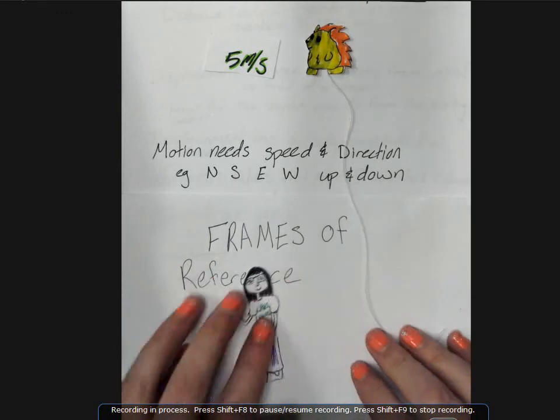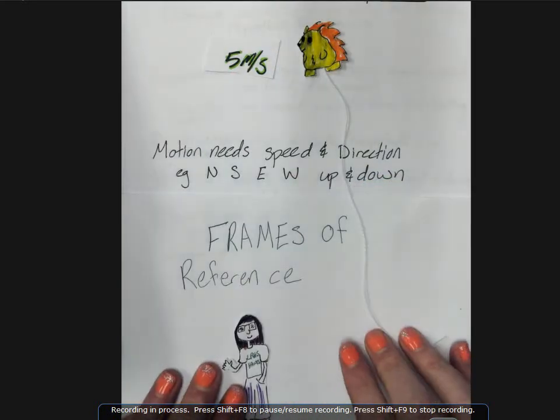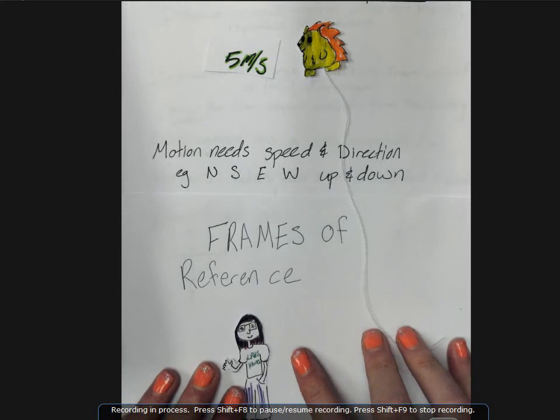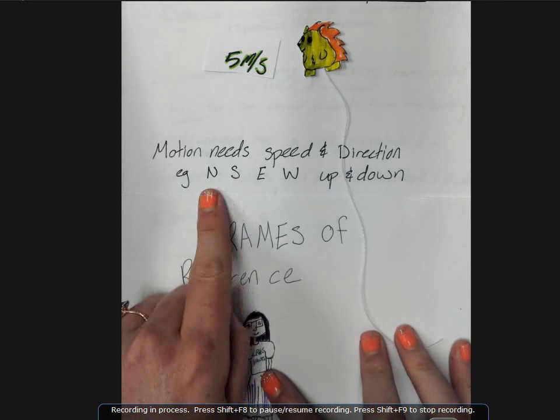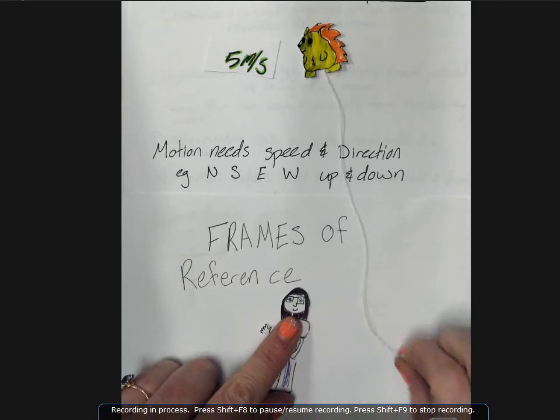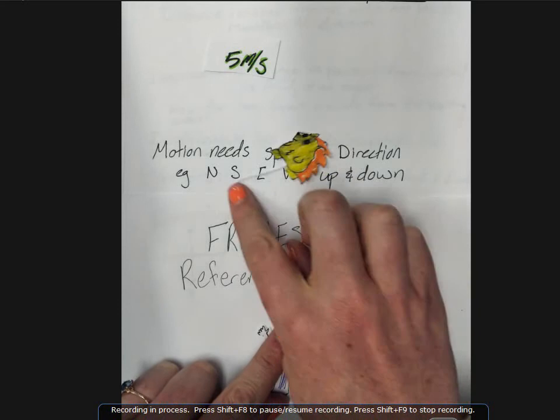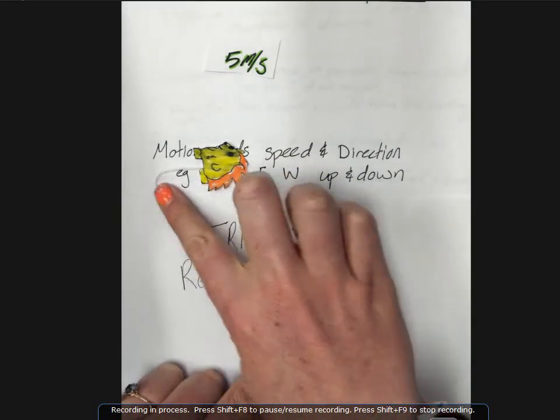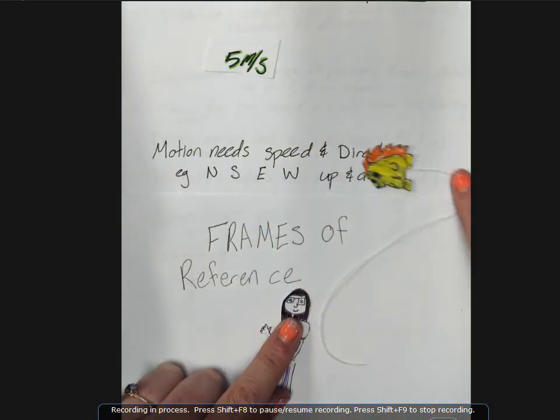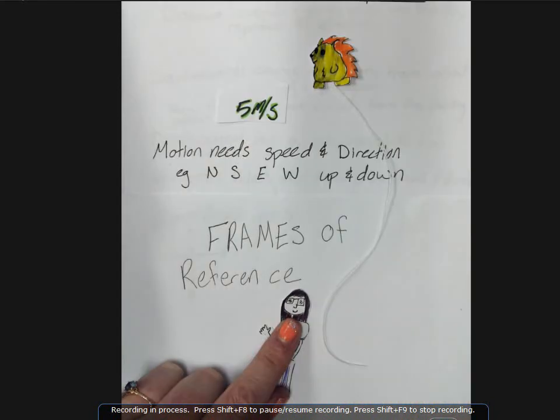All right, that's great that your hedgehog has a speed of 5 meters per second, but in order for us to fully describe the hedgehog's motion, we need a direction, like north, south, east, west, up, or down. All right, the hedgehog could move 5 meters per second down. The hedgehog could move 5 meters per second west. The hedgehog could move 5 meters per second to the right. All right, we have to specify both the magnitude, or the total amount of speed that he had, and which direction that he was going.